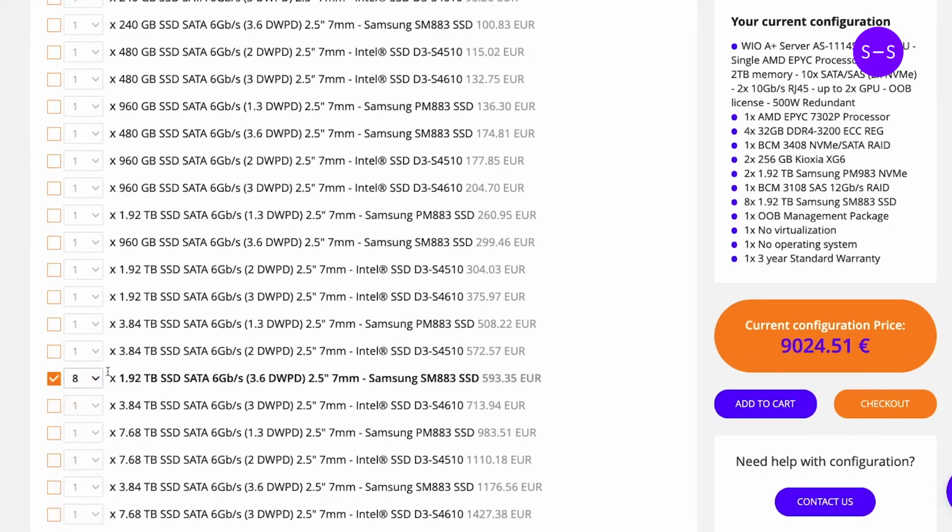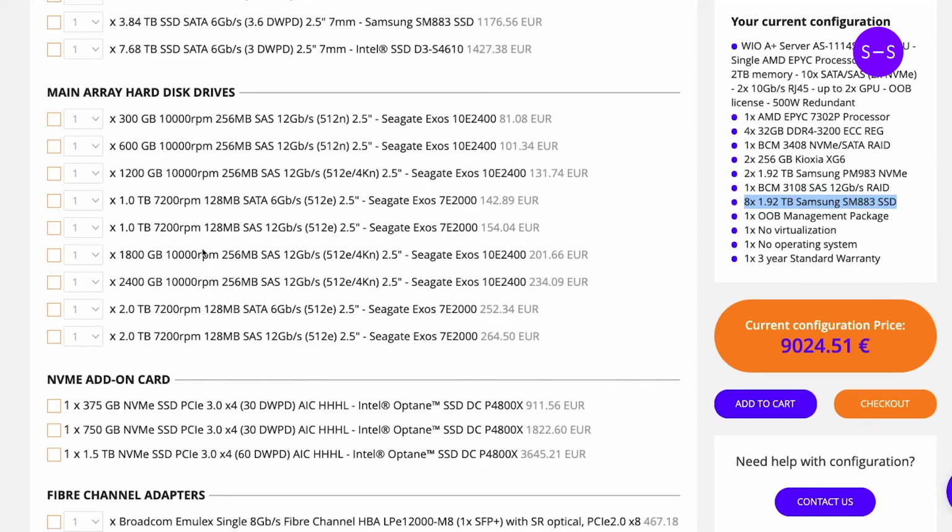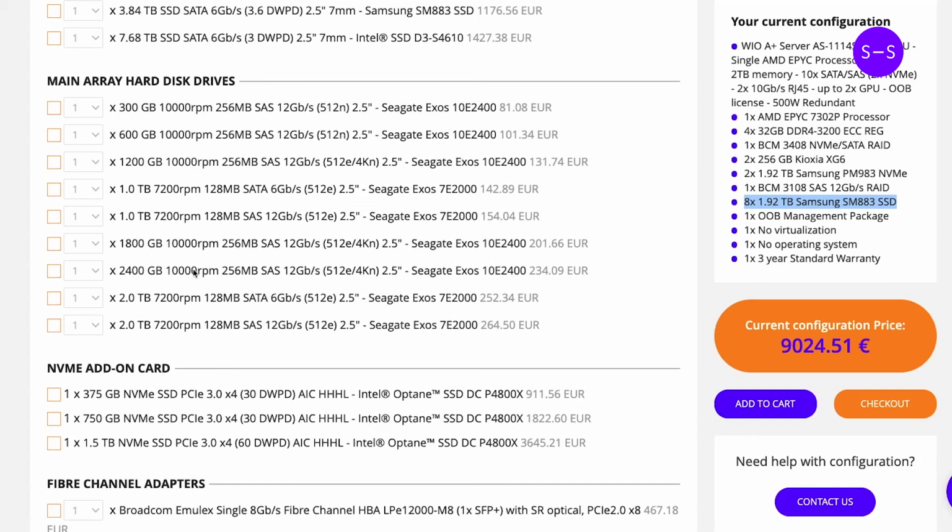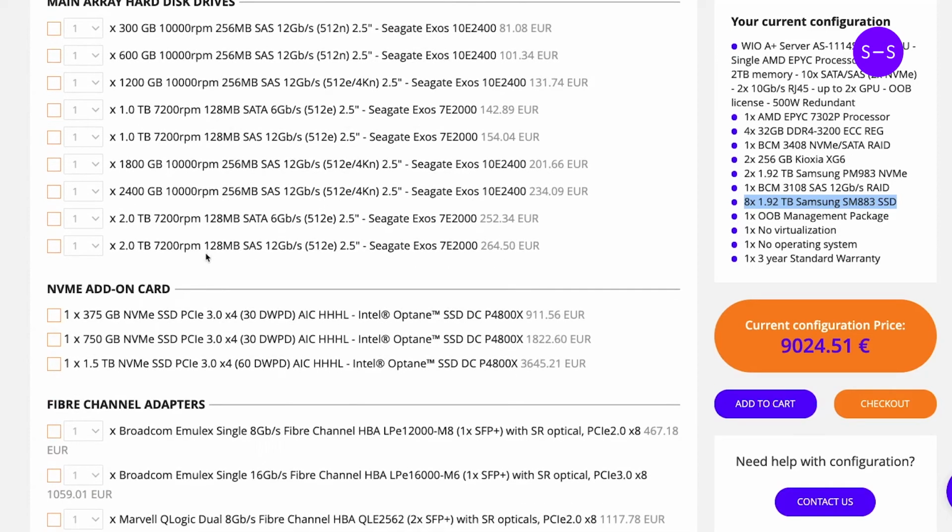Let's select 8 of them, because 2 of the disk slots we have already selected for NVMe, and then 1 controller and 8 times 1.9 terabyte Samsung SSDs that we can tie to different RAID configurations. For some applications hard drives could be used, but they are not too popular these days.